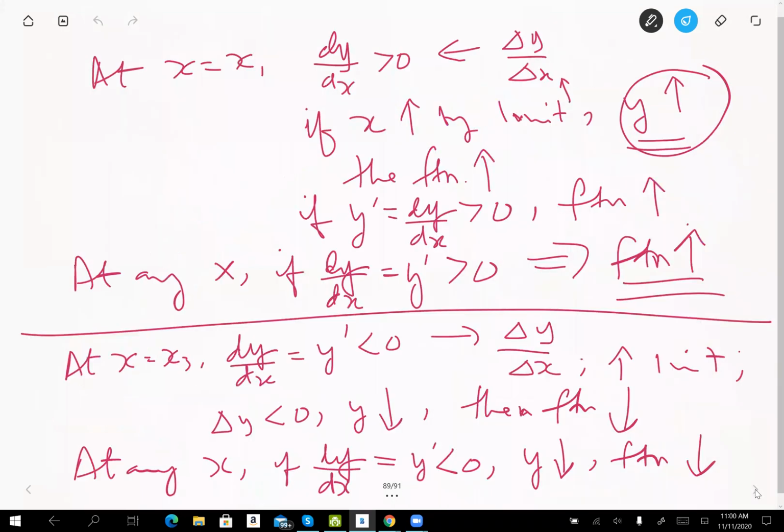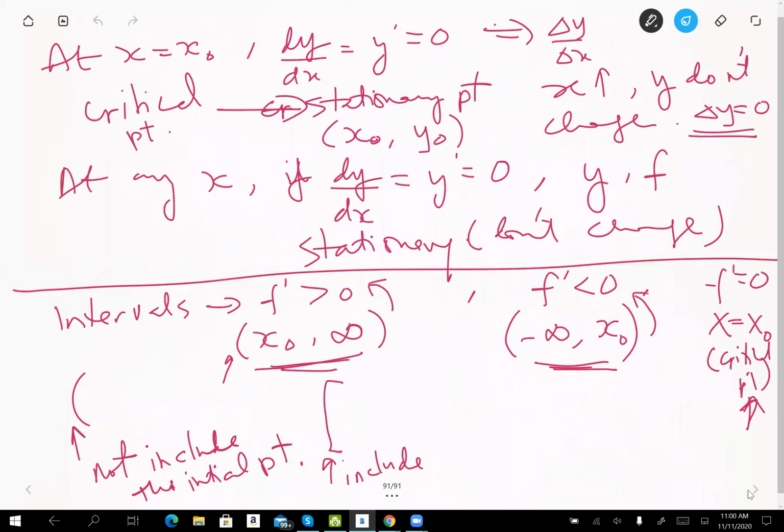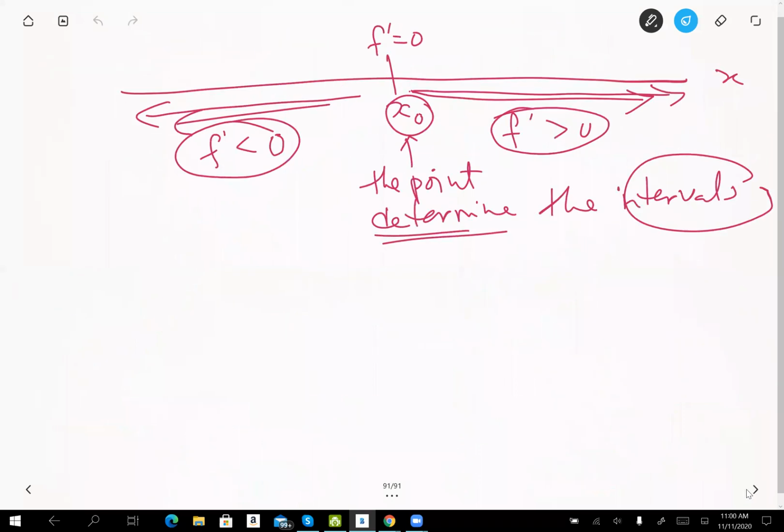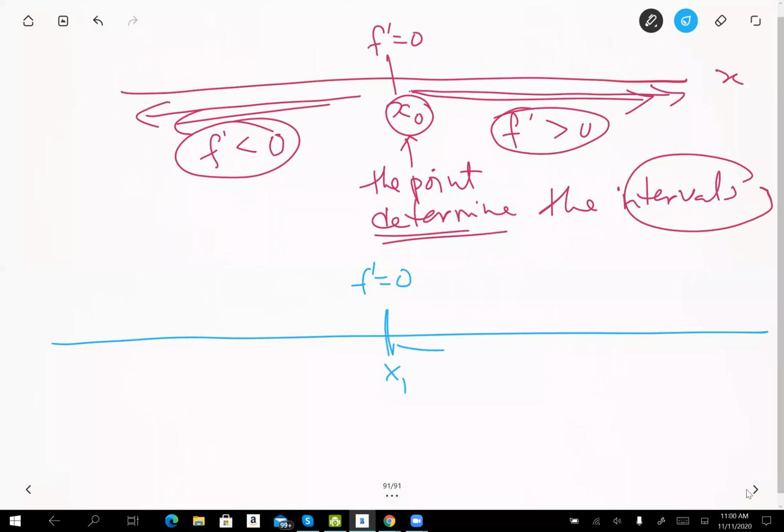If you go back to the number line that I just drew, I have another situation. The critical point, call it x1, where f prime is equal to 0, and then you have two intervals, one to the right and one to the left. So here y prime equals 0.